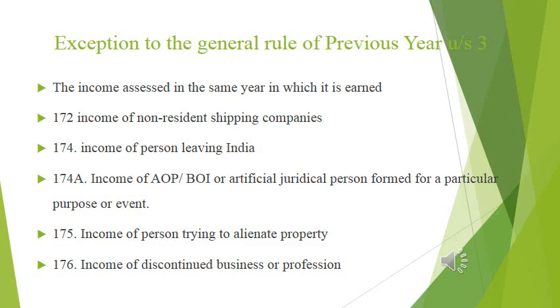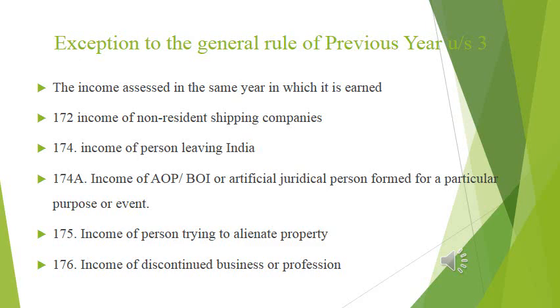Following are the cases, that means listed cases are there. First one: the income assessed in the same year in which it is earned. That is section 172, section 174, section 174A, section 175 and section 176. All these deal with the exemption to the general rule.